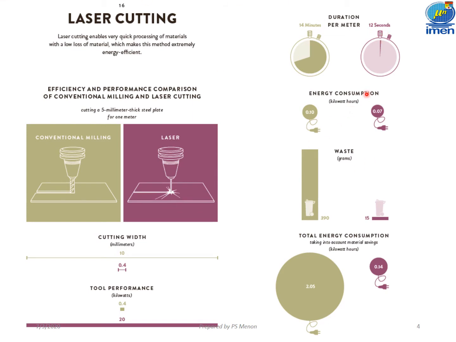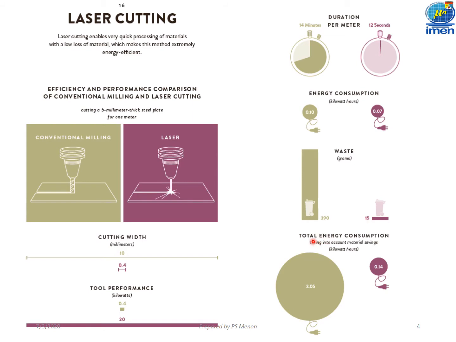Energy consumption in kilowatt hours: conventional milling 0.1, and laser very, very small, 0.07 kilowatt hours only. In terms of waste, how much material is wasted? Conventional milling will waste almost 390 grams, and laser will only waste 15 grams.